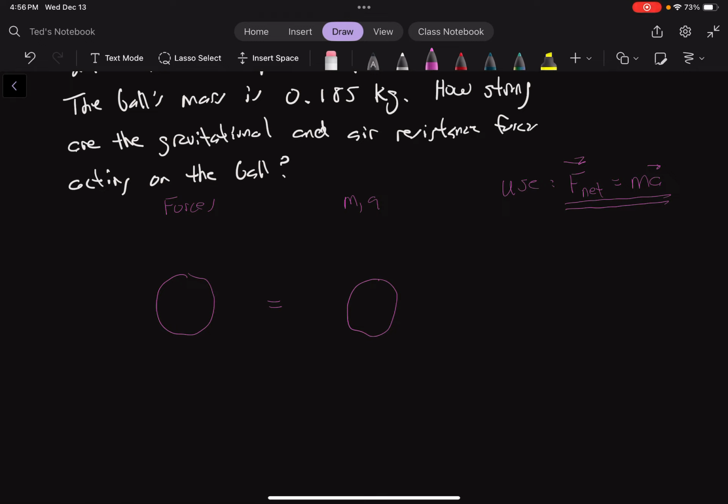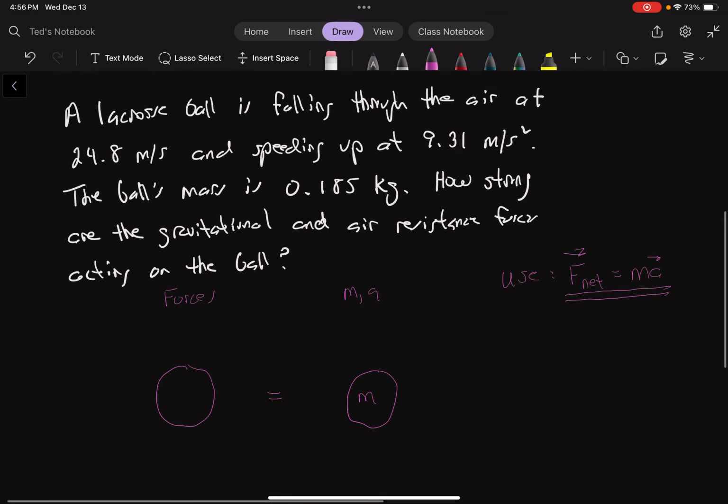On our picture equation, we're not going to use any numbers. We're only going to use symbols to describe the different quantities. So for mass, we're going to use m, and for acceleration, we're going to use a, and we want an arrow representing the direction of the acceleration.